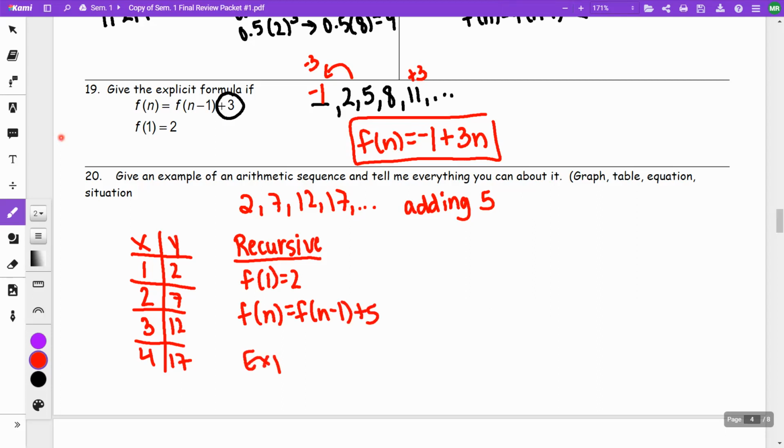My explicit, if I go backwards and find my 0, so this direction I'm adding 5. So going this direction, I'm going to minus 5. So that's going to be a negative 3. So it's going to be f of n is equal to negative 3, and I'm adding 5 n times.